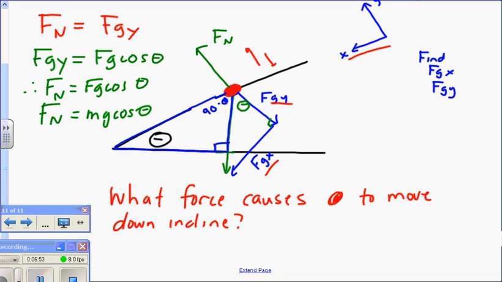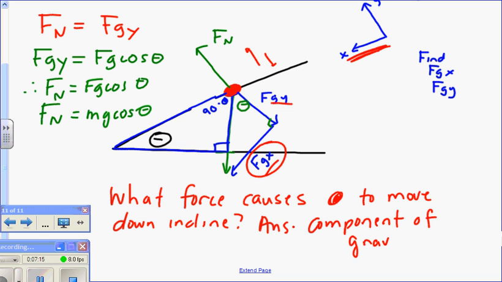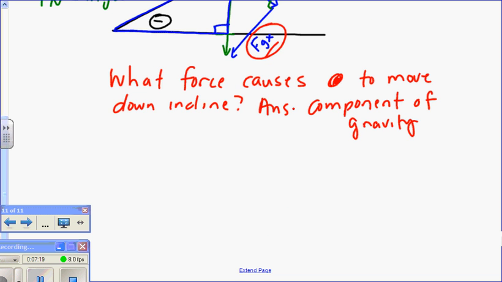It can't be just gravity because it's not going to go as fast as if it was in free fall. What it is, is a component of gravity, the component in the direction of motion. In the x direction of motion, it's F_G_X. So the answer is the component of gravity, and more importantly than just a component, it's the x component.